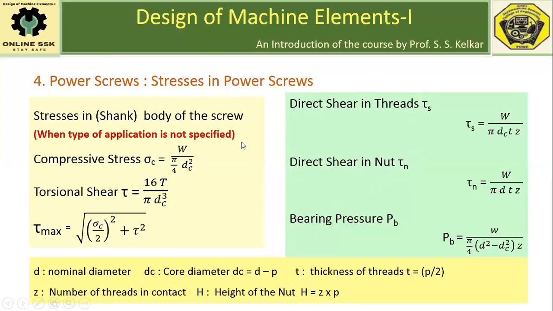Now this discussion is meant for general application where no particular application is specified, like a screw jack, C clamp, pipe vise, shaft straightener, etc. If no particular application is specified, then for calculating stresses inside the body of the screw, we have to find the compressive stress and the torsional shear stress, and combining the two using the maximum shear stress theory, find the maximum shear stress developed inside the body of the screw, which will be taken into account further for analyzing or designing the screw.